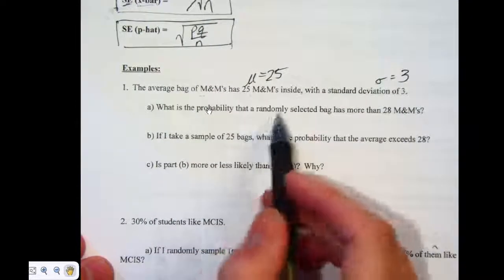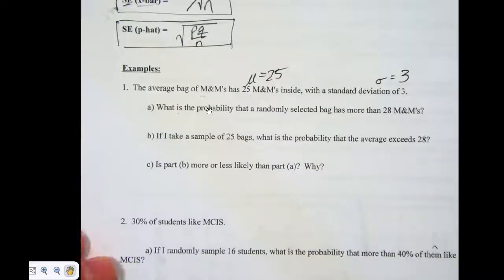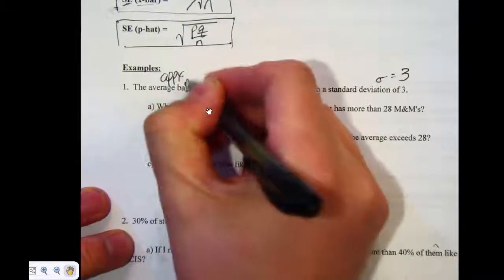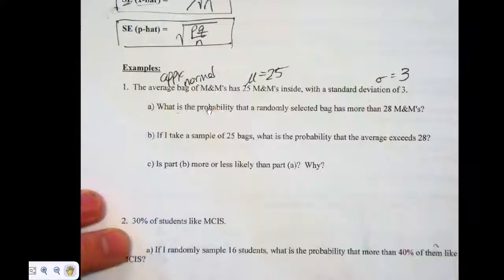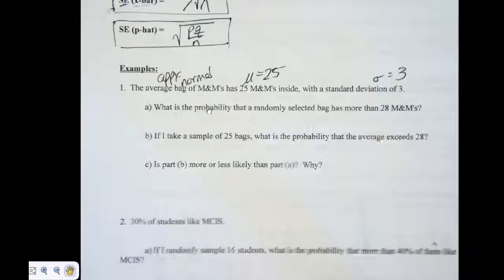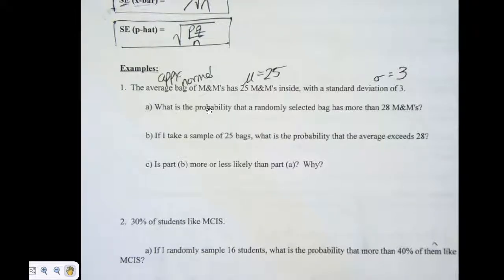But if I look at part A, what's the probability a randomly selected bag has more than 28 M&Ms? I should have told you they're approximately normal. We've done that problem or a problem like that 100 times this year. How do we do it?